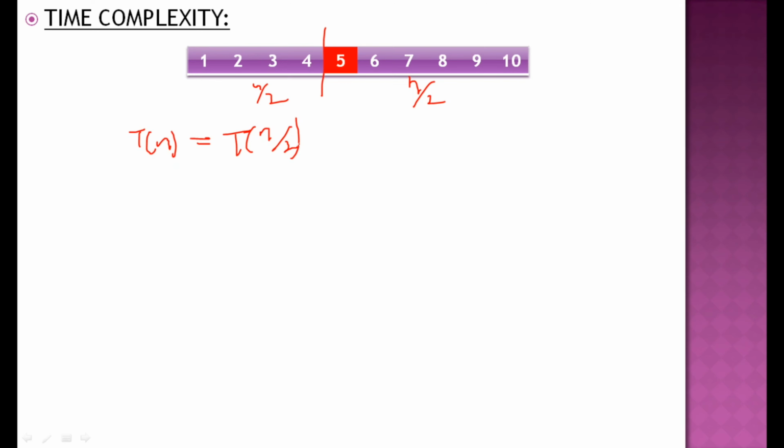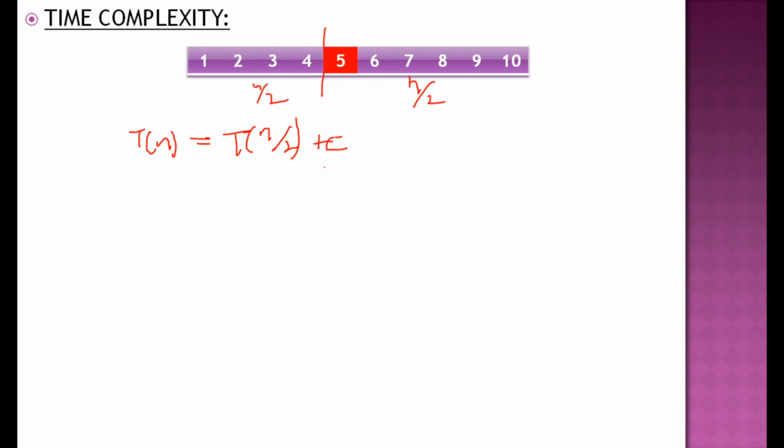For the partitioning we take the constant c. In merge sort or quick sort we take the left and right subparts, but in binary search we take only either the left subpart or the right subpart. For partitioning the array, we take a constant time complexity c.